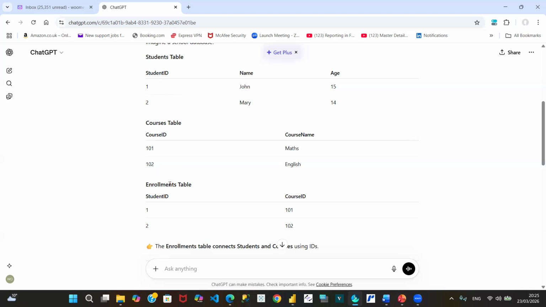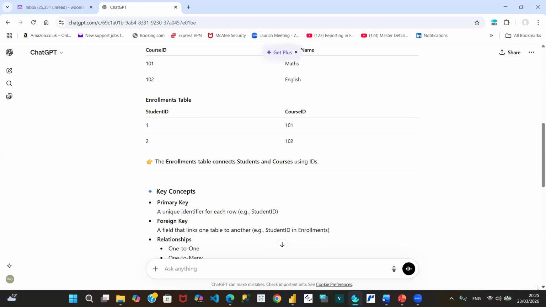But when we get to the enrollment table, where these students can be enrolled for courses, student ID 1 can enroll for 10 of the courses that are offered in a place. Student ID 2 can enroll for more than one, okay? So that makes each of these IDs no longer primary, because they can be duplicated here.